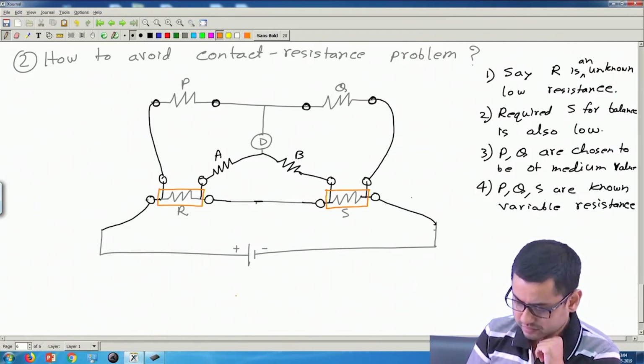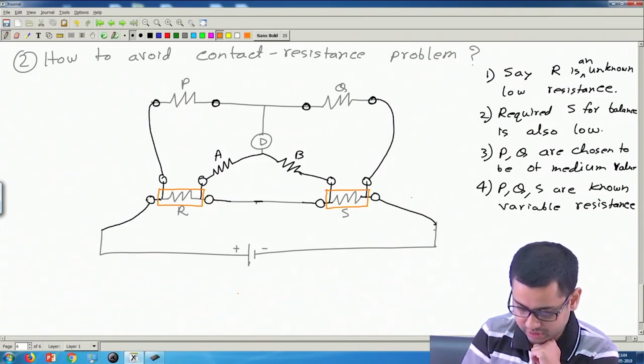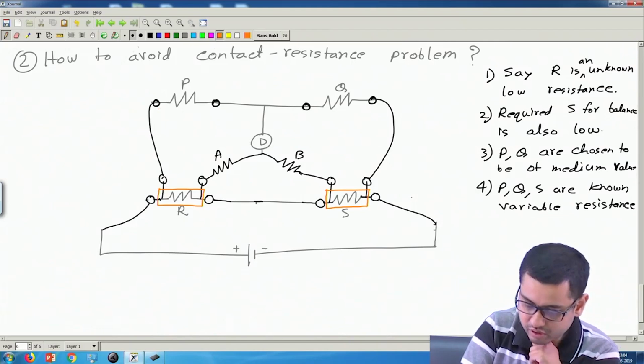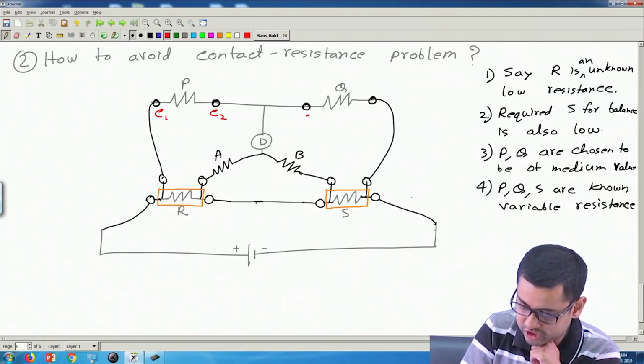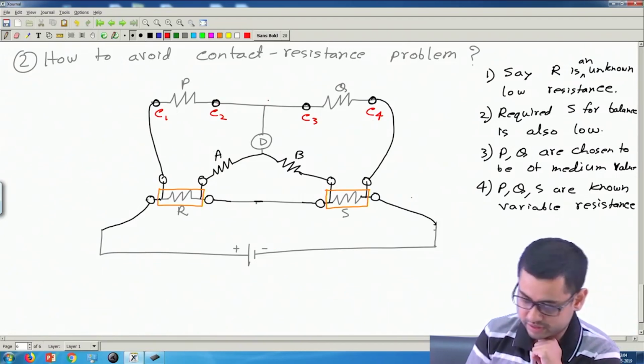Okay, now let's name the contacts, these as C1, C2, C3, C4. Okay, so this terminal can be connected maybe here or here, or maybe like this.